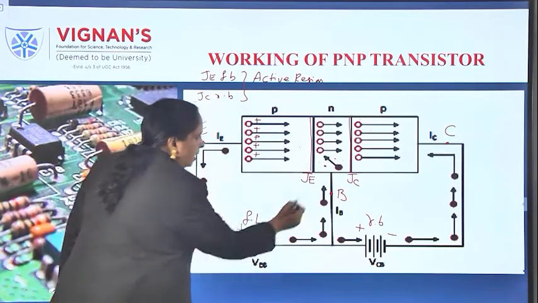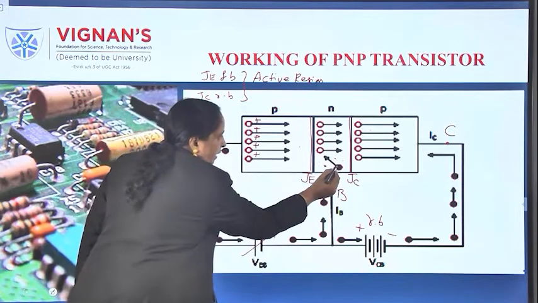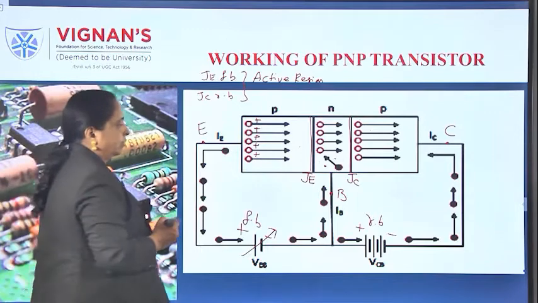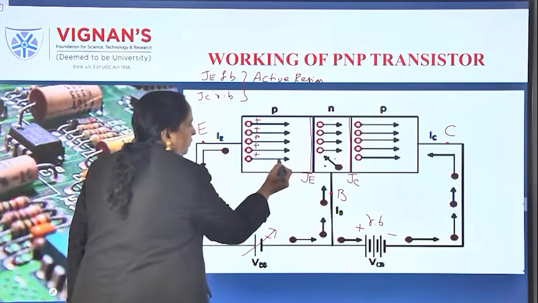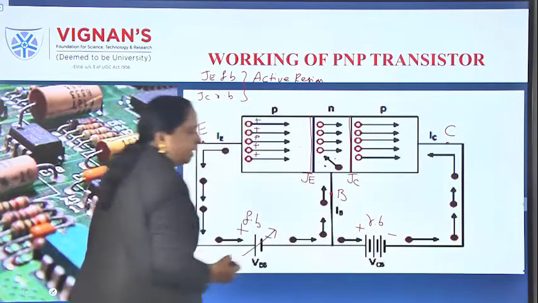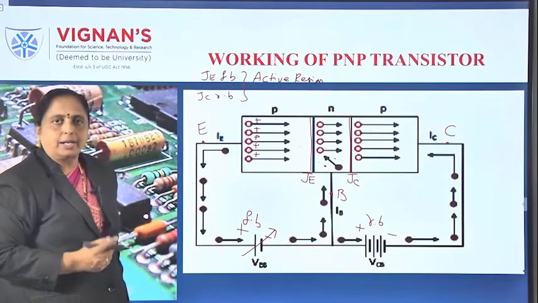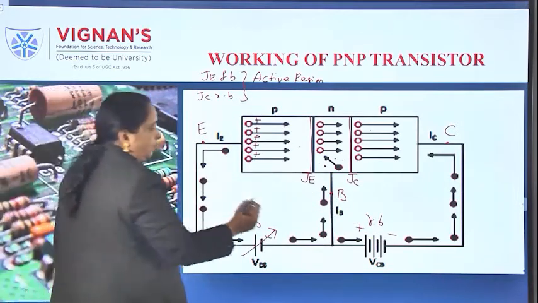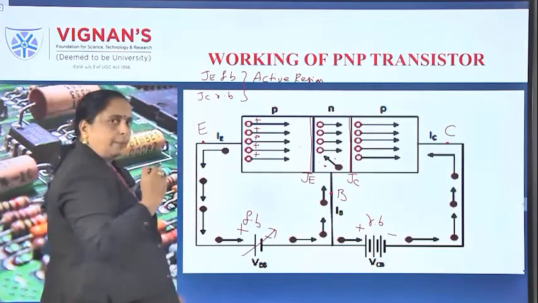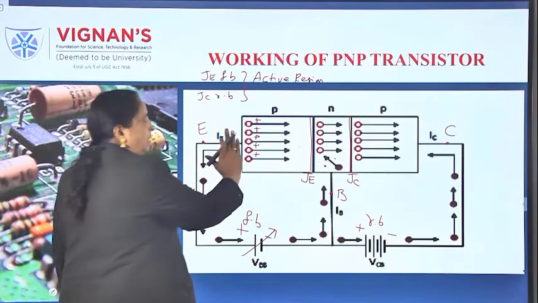Similarly, the electrons will also be repelled, so they move towards the emitter junction. The electrons cannot move to this side because the other side is the negative terminal of the battery; they would be repelled again. Therefore, the electrons will move in this direction, while the majority charge carriers, the holes, move like that.